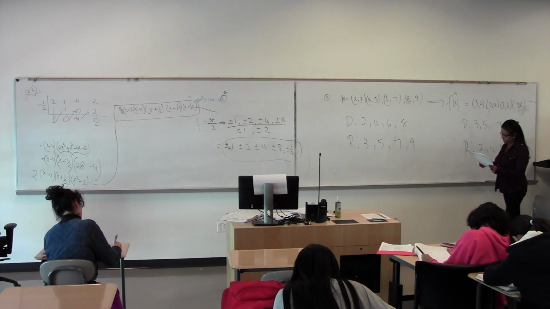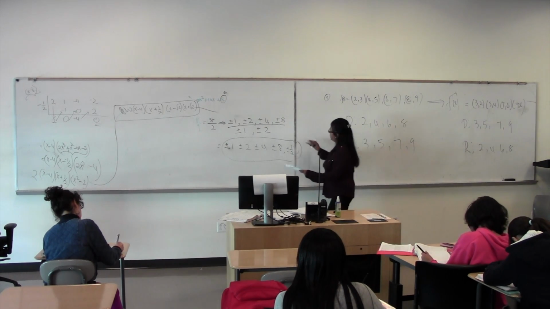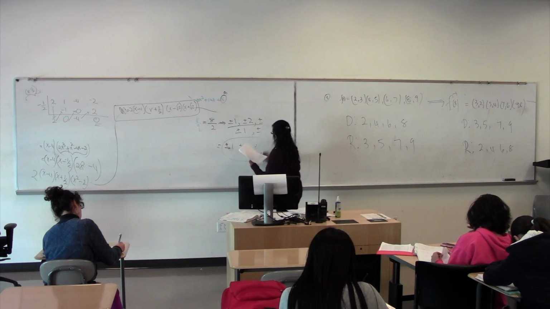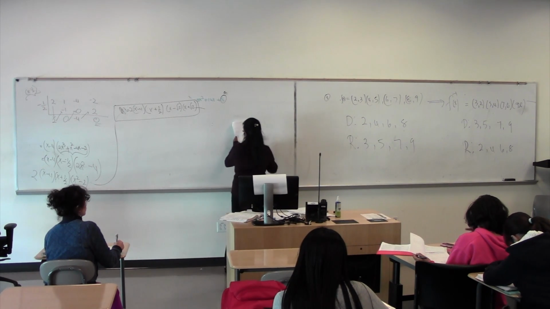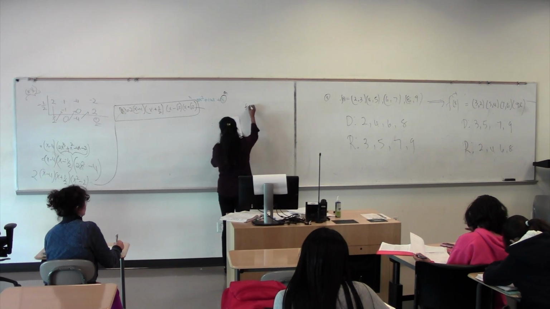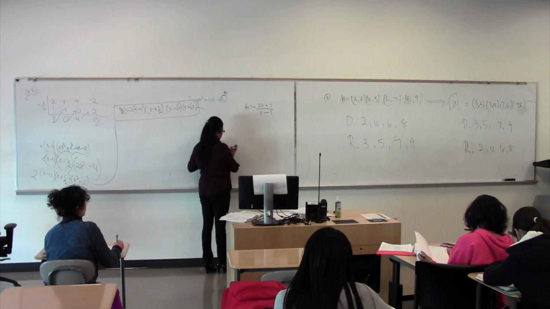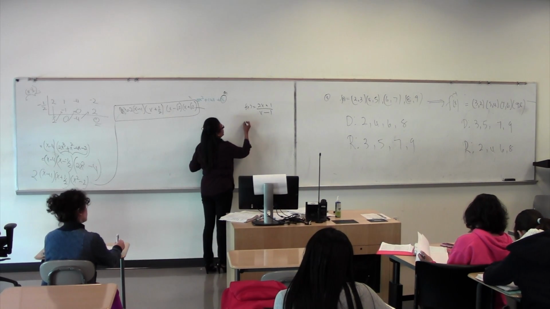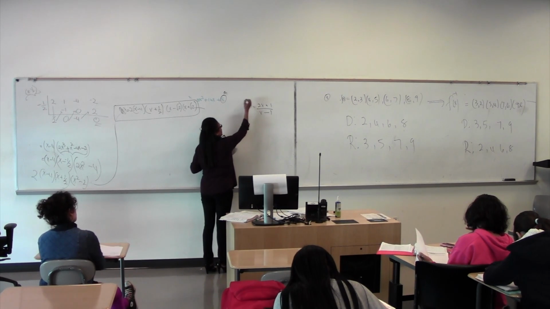Now look at this question. f of x is equal to (2x + 1) over (x − 1). So what do I have to do here? f of x equals y. We need to find f inverse.